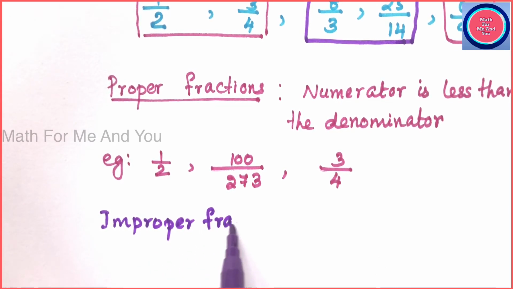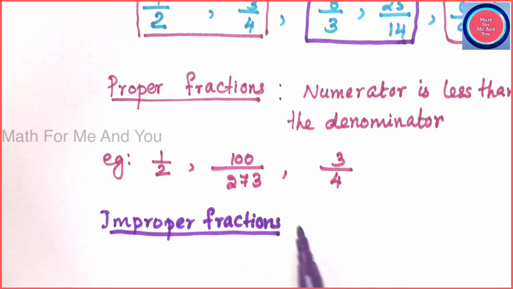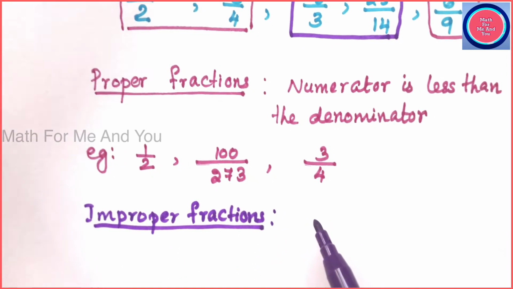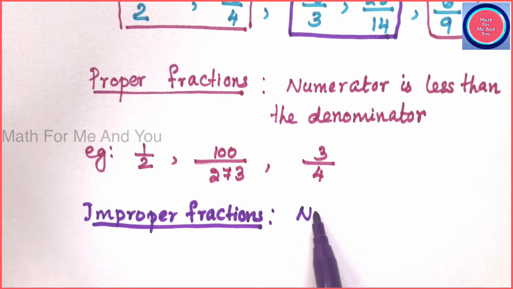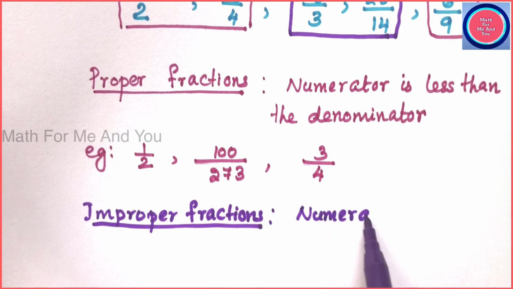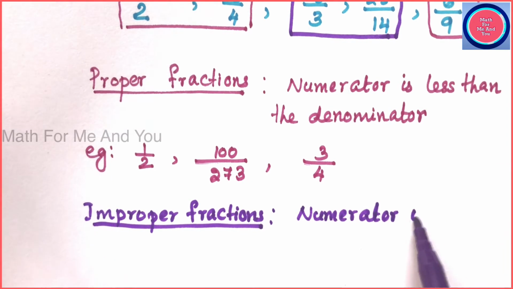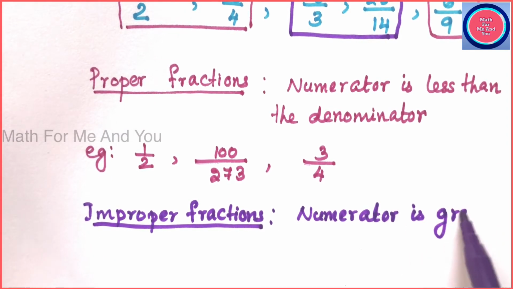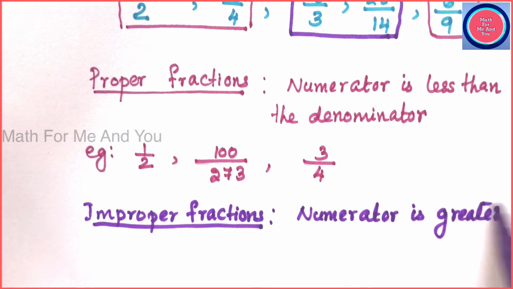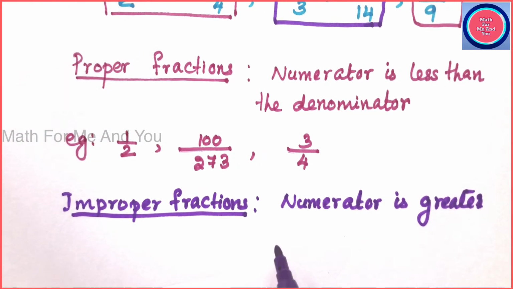What are improper fractions? When we see a fraction with the numerator greater than its denominator, we say such a fraction is called an improper fraction. If the numerator is larger than or greater than its denominator, then such fractions are called improper fractions.